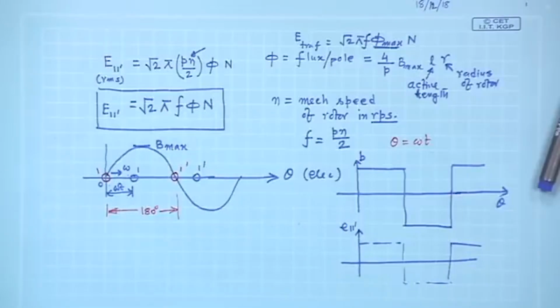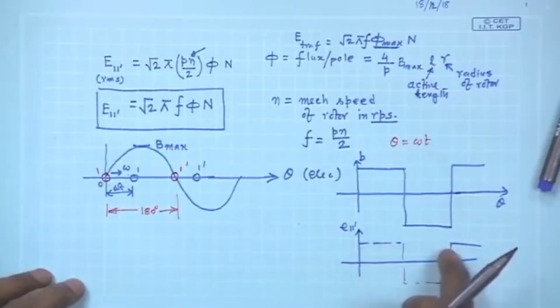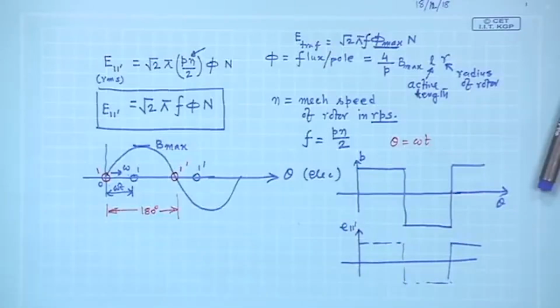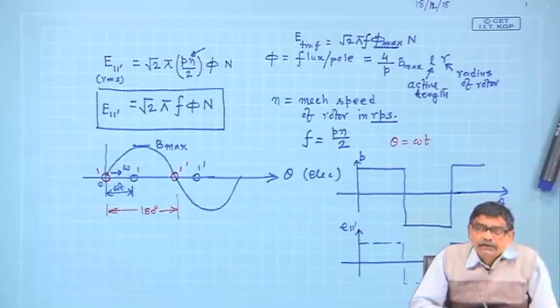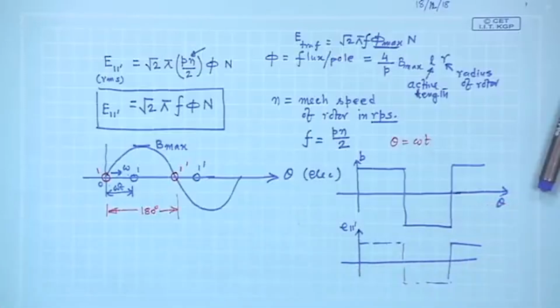But another way of looking at it: you find out this sinusoidal voltage, and then suppose you want to examine how much of it is fundamental component and what are the harmonic components of the voltage.